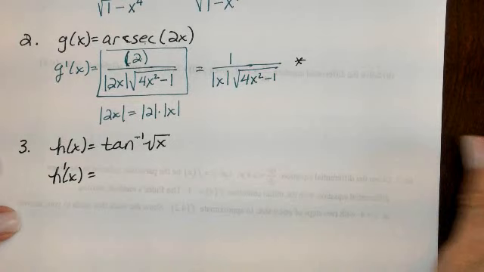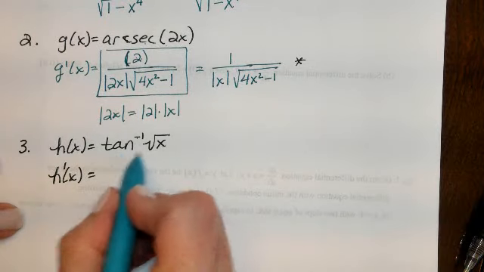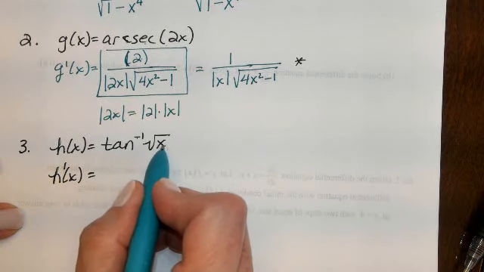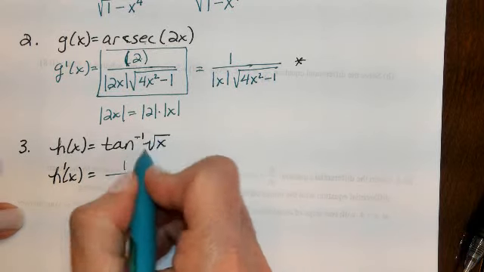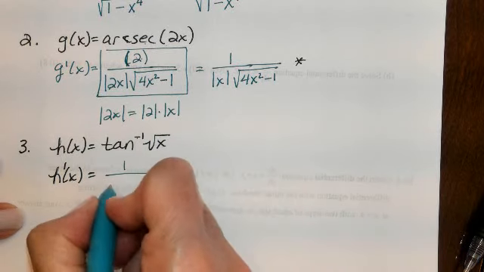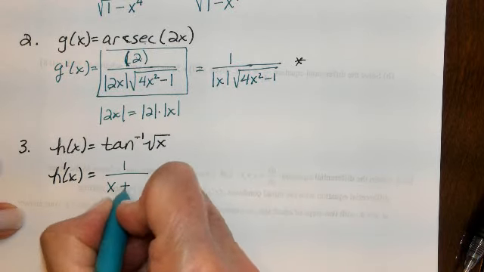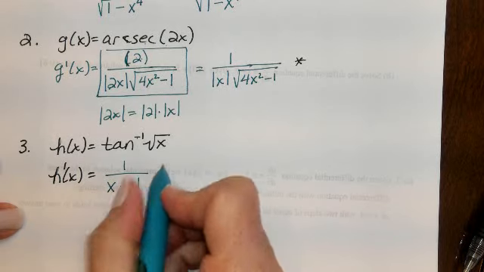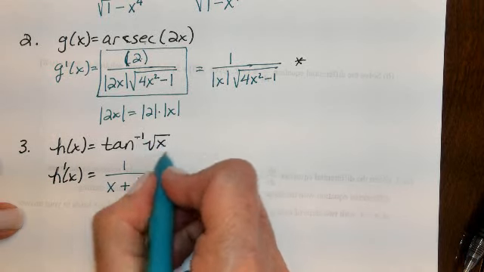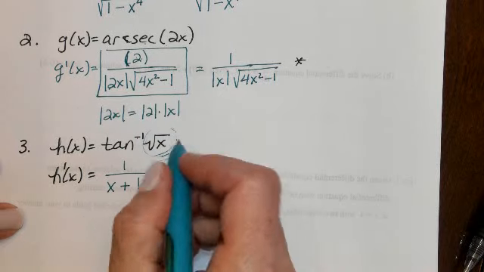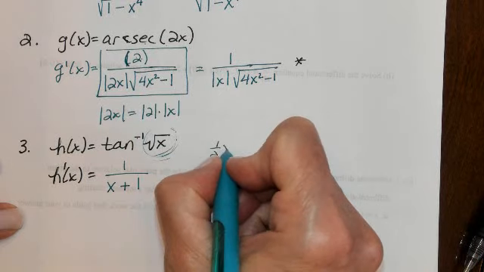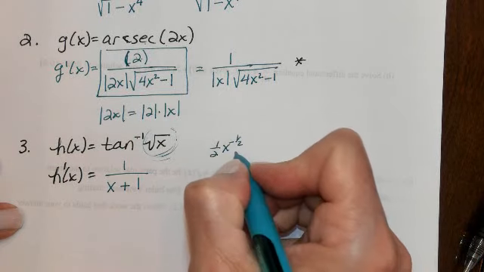So for the derivative, first do arctan of u, so that would be 1 over u squared. What's the square of the square root of x? Just x. Plus 1 times the derivative of the square root of x. What's the derivative of the square root of x? That would be 1/2 x to the negative 1/2, right?